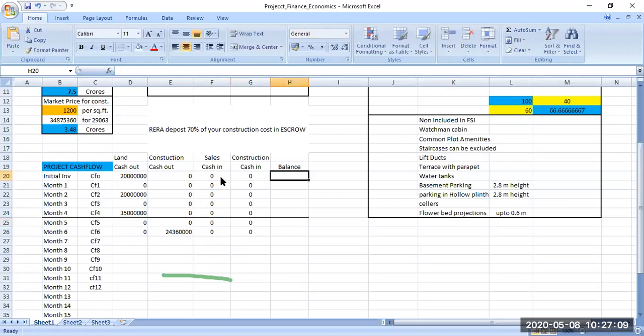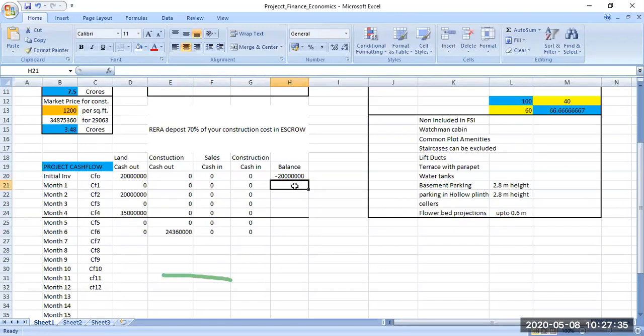This would be this plus this minus what's going out. That would be this plus what is coming in. And this is our balance.